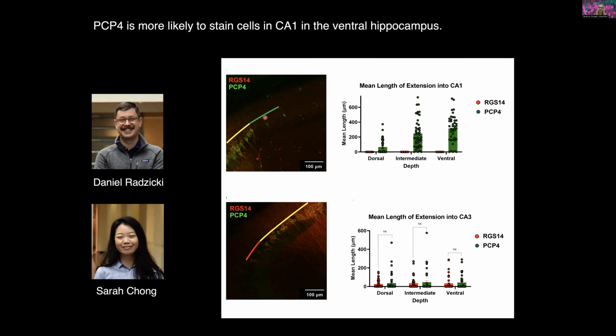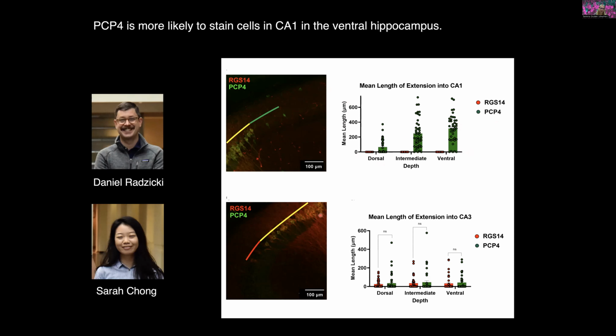We see that these straggler cells labeled by PCP4 that are RGS14 negative really do stretch into CA1. Whether those are CA2 neurons, we can talk about another day, but they seem to be located in CA1. The length of those cells increases as you go more ventral in the hippocampus.